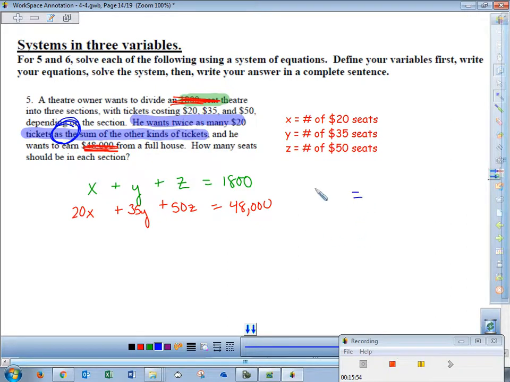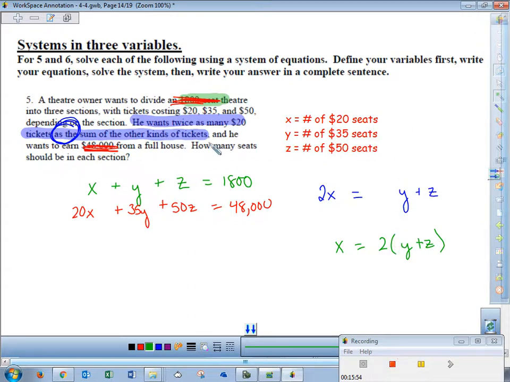As the sum of the other kinds of tickets: if they're talking about the $20 tickets, remember we let that be x, so the other kinds of tickets are y and z, so I definitely know I need the sum of those, and I need twice as many of these to equal the $20 tickets. So you got 2 options basically, this option in blue or this option in green. And it's very hard for people to realize which one is correct.